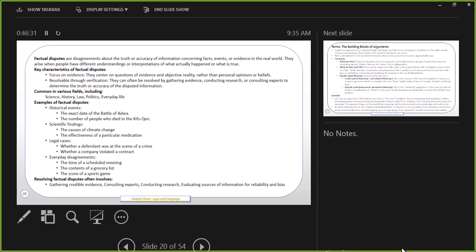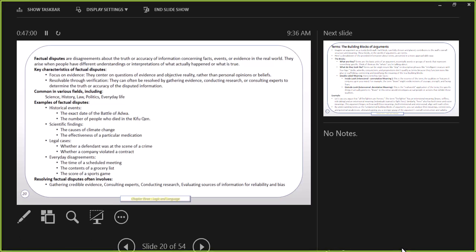Whereas factual disputes are conflicts that arise not because of vague and ambiguous expressions, but because of disagreement on facts, as the name implies. They arise as a result of the disagreement or discrepancy between facts.